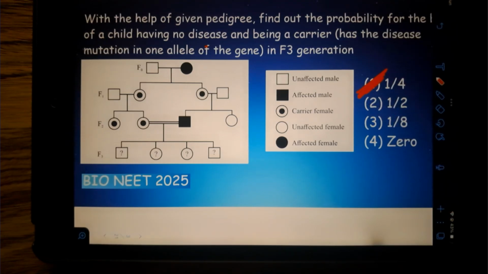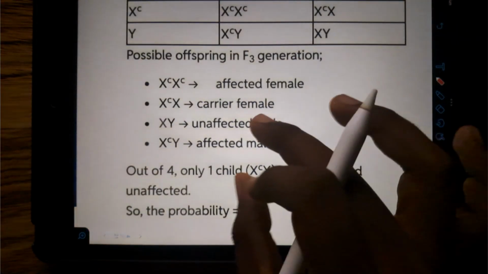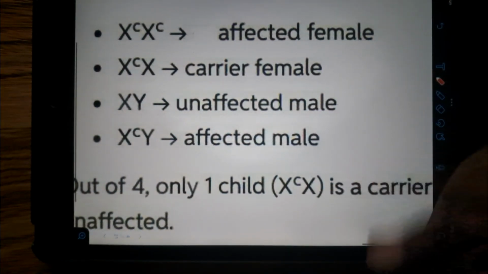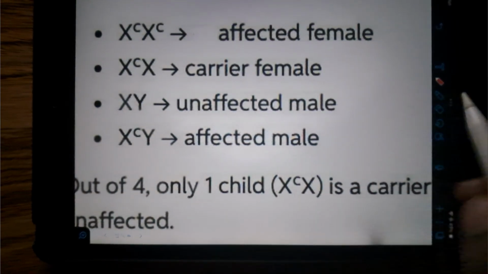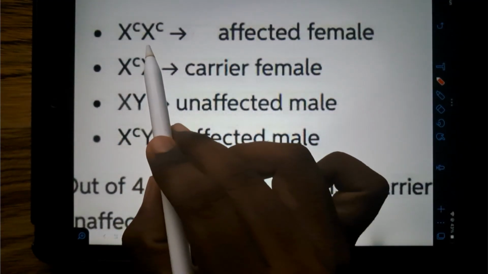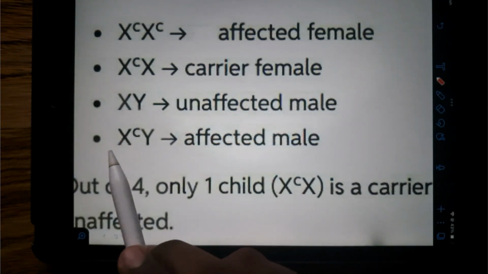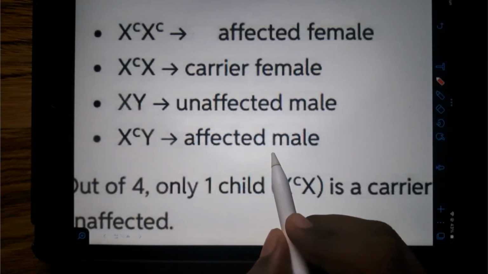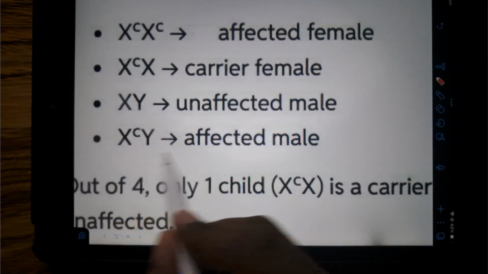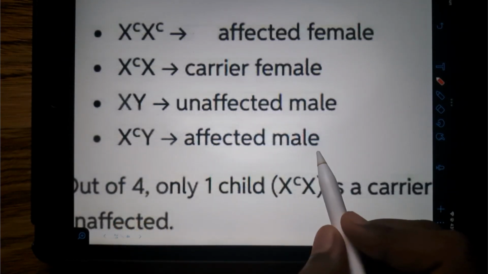Let's see how. Before that, let us see the genotype of the affected male, unaffected male, carrier female and affected female. The female has two X chromosomes, whereas the male has only one X chromosome and a Y chromosome. In the case of an affected male, if the X chromosome is affected, it will be a diseased child.